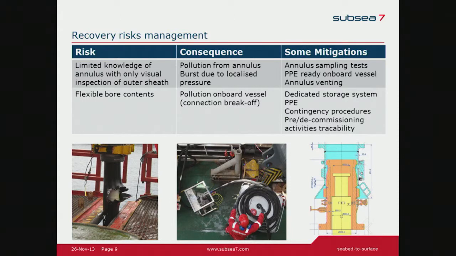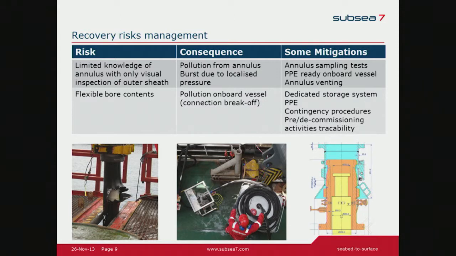First, limited knowledge of the annulus, with only visual inspection of the outer sheath. Sometimes this is a risk, because if we have some ingress in the annulus and the outer sheath is damaged, then we can have pollution risks.